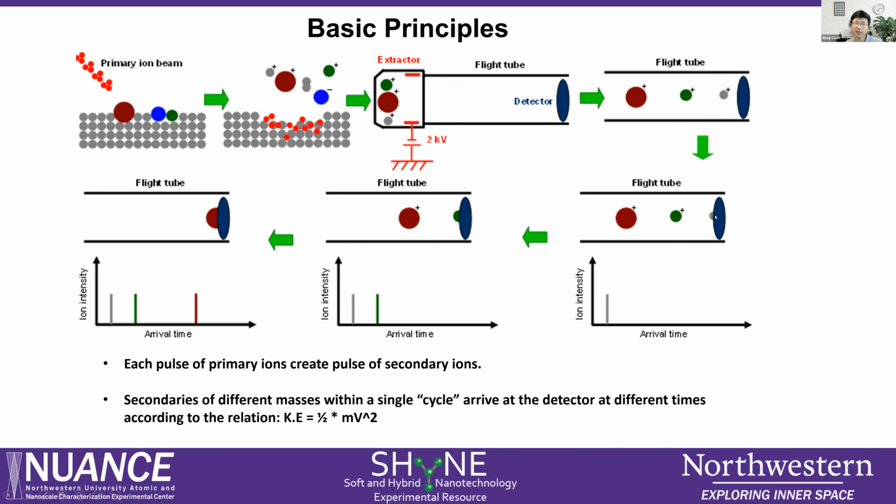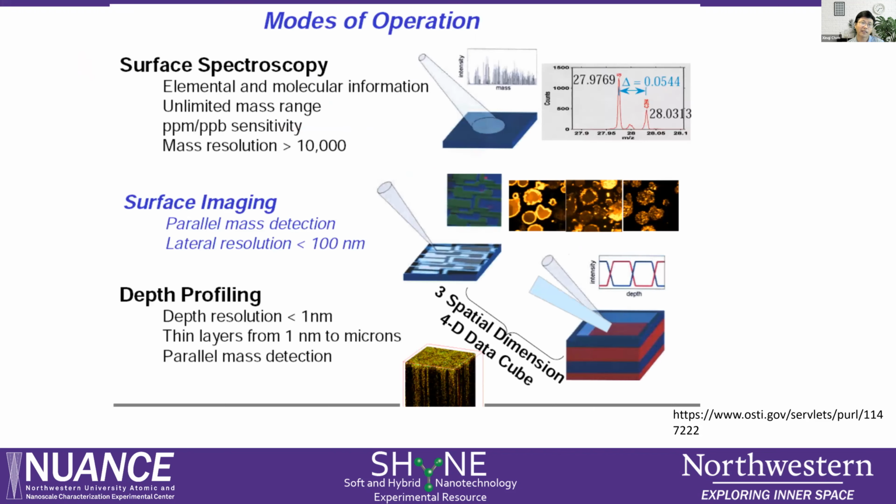First they reach here, then this mass, then this mass. So within a certain time, all the masses can reach the detector. This time defines the mass cutoff. This flight tube gives the time of flight. Okay, this is the basic principle of time of flight.